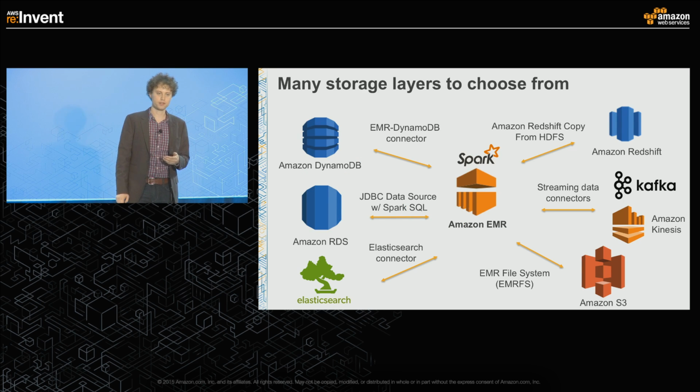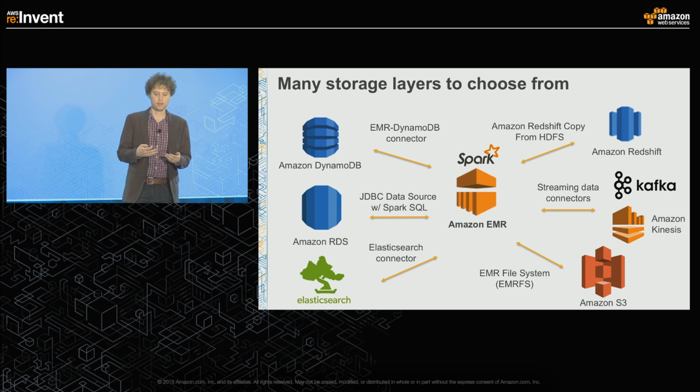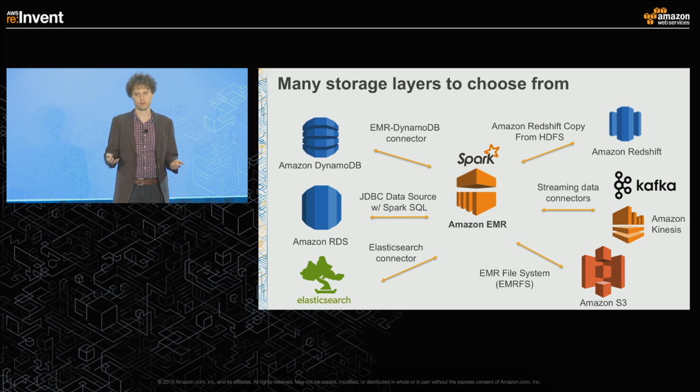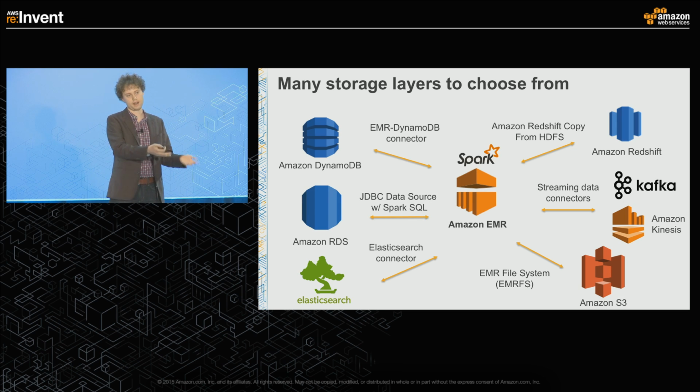One great thing about running Spark in AWS is a variety of different data stores you can use depending on your use case. And with EMR, we see our customers querying data from a variety of different sources that might be siloed. Amazon DynamoDB, a NoSQL database in Amazon, you can use the EMR Hive connector to pull data out of Dynamo and then run queries using Spark with that.